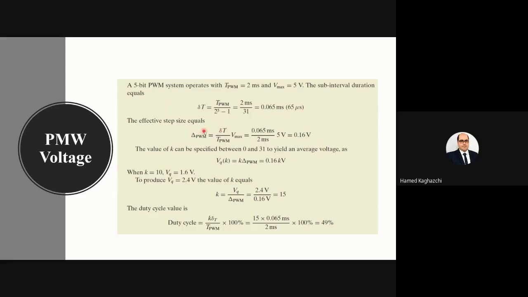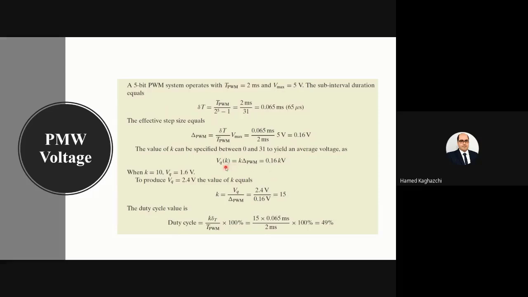Now, the step size, we learned that it can be calculated using this formula: Vmax, TPWM, delta T. So I can find that delta PWM is equal to 0.16 volt.